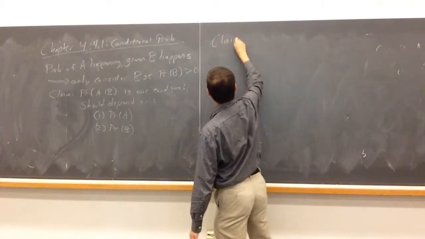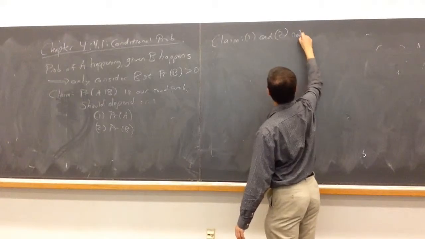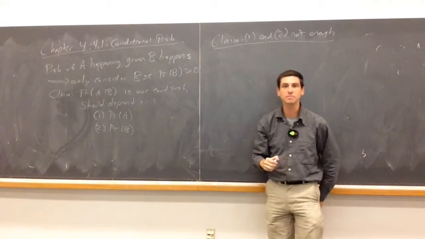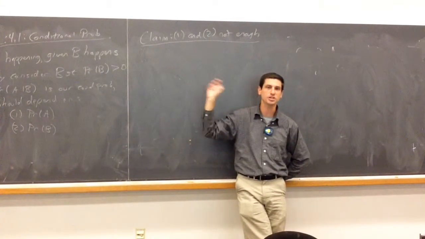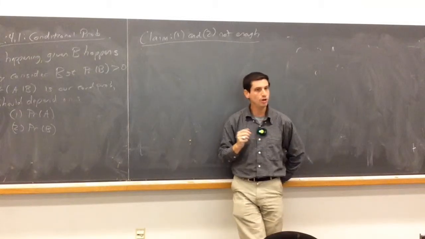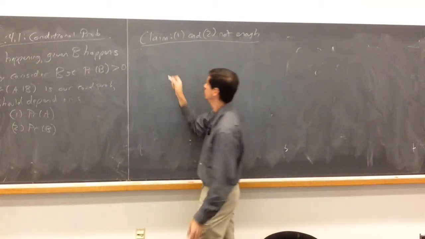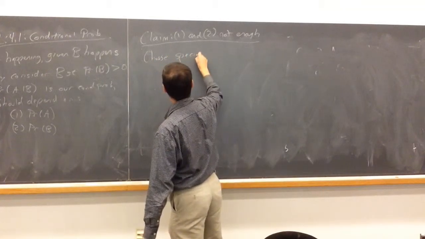Claim: the probability of A and the probability of B are not enough. I am going to prove there can be no such formula for the conditional probability of A given B using just the probabilities of A and B. So what we want to do is choose very special sets. This is a great technique to get used to. So choose special A and B.